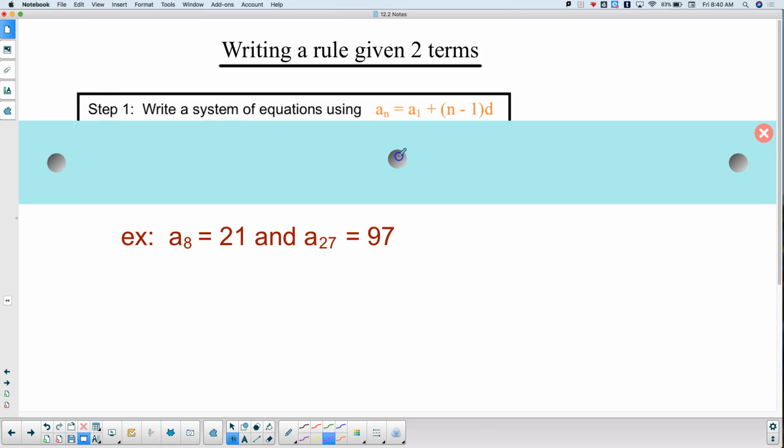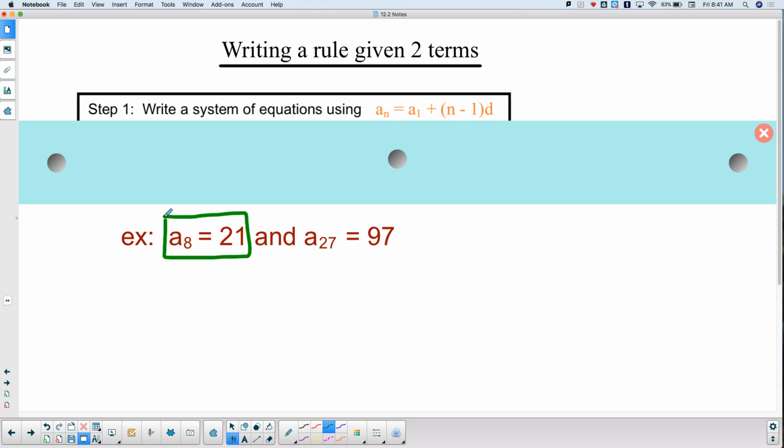What you have to do first is write a system of equations using your rule. So you're going to have to employ your rule twice, once for each term. What I mean by that is, I'll do it in green and purple. So I'm going to take this term here in green. My 8th term is 21.